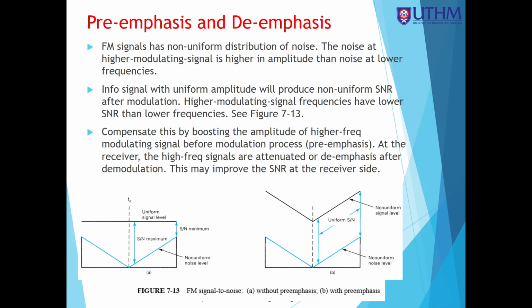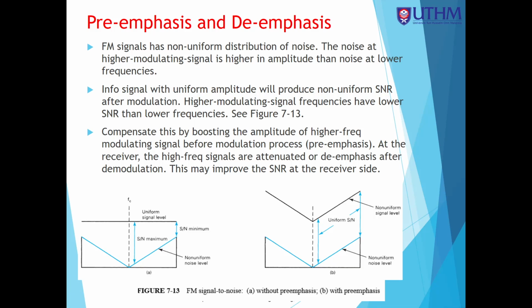So pre-emphasis and de-emphasis. What is this actually? FM signal has a non-uniform distribution of noise. The noise at higher modulating signal frequency is higher in amplitude compared to the noise at lower frequencies.